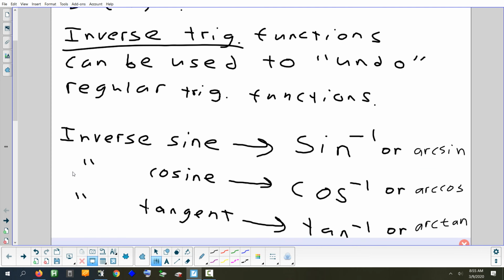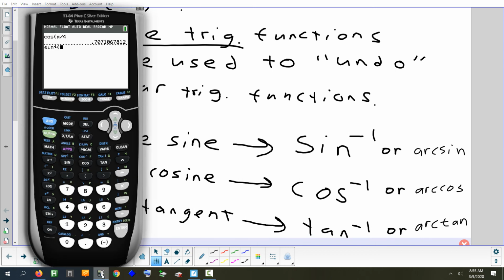And when you're dealing with the inverse, it just puts a little -1 up higher. Now, that -1 is not an exponent. It's not an exponent. And I can easily prove that to you because if I type in something like that, and then I type in something like sine 0.5 to the -1.